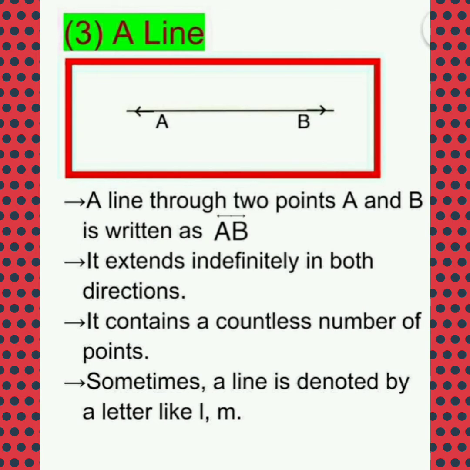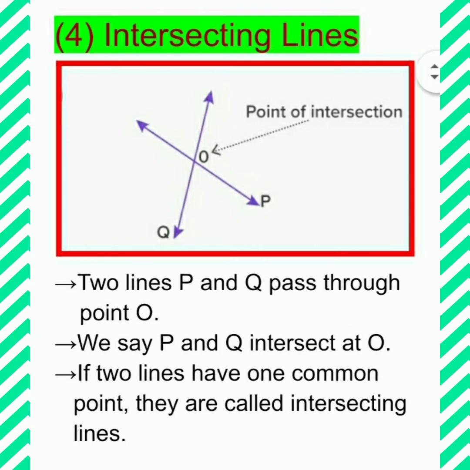Sometimes a line is denoted by a letter like LM, and we can write line AB as shown. Now coming to intersecting lines. What are intersecting lines?